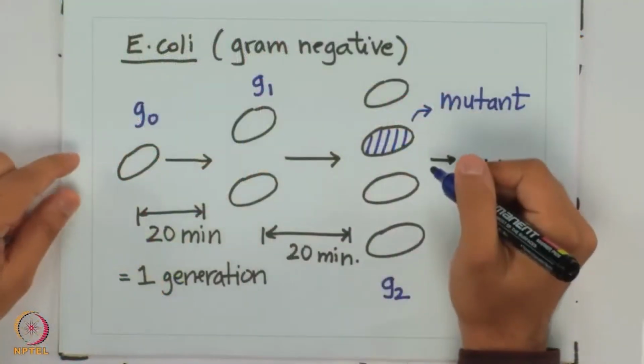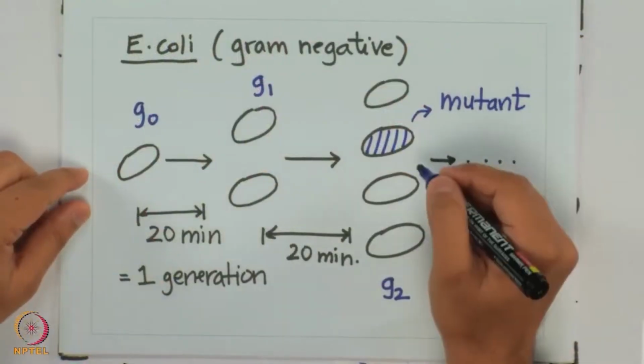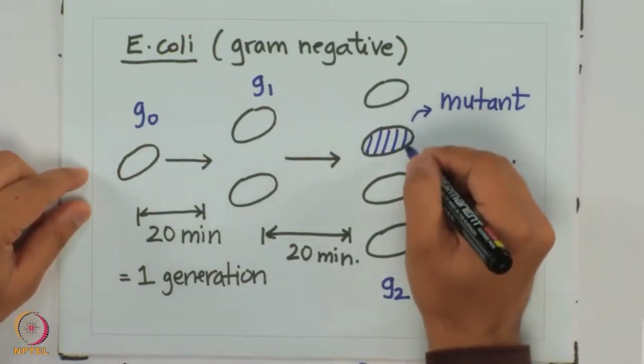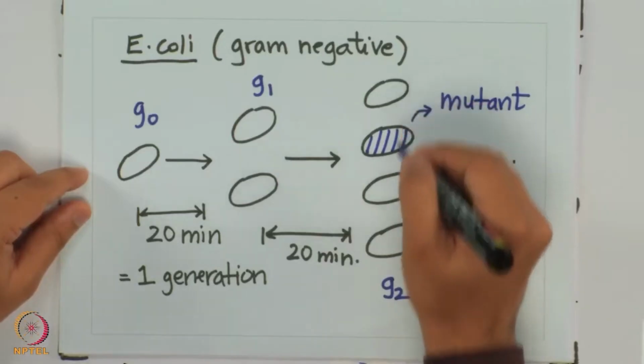There is also another class of mutations which are called neutral mutations, where the happening of this mutation does not in any way change the growth rate of that bacteria in this particular environment. But the point being that because of this mutation happening, there is a change in the rate at which this mutant bacteria is dividing compared to the other 3.